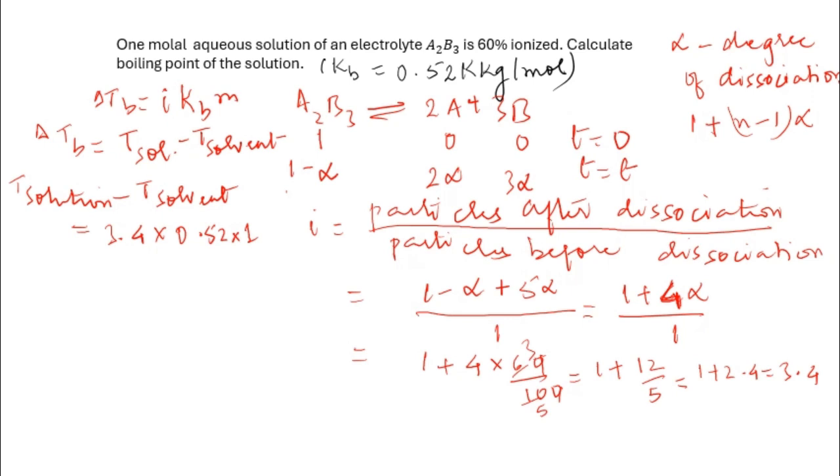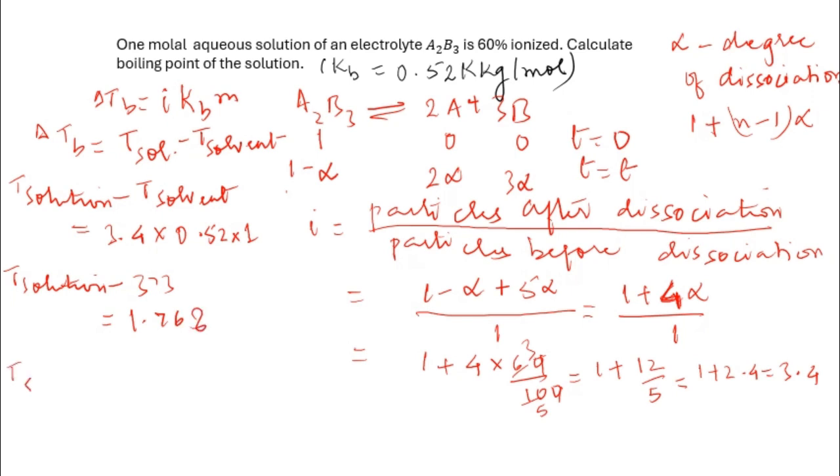So we have to calculate the boiling point of the solution, and since it is water, the boiling point of the solvent would be 100 degrees Celsius, or we do not use degree Celsius values, we use Kelvin values, which is 373. So T solution minus 373 equals 3.4 into 0.52, which comes out to be 1.768.